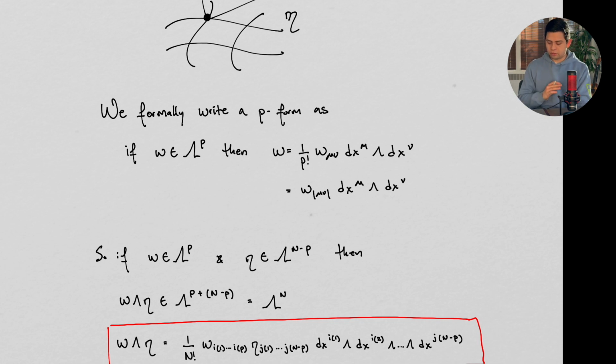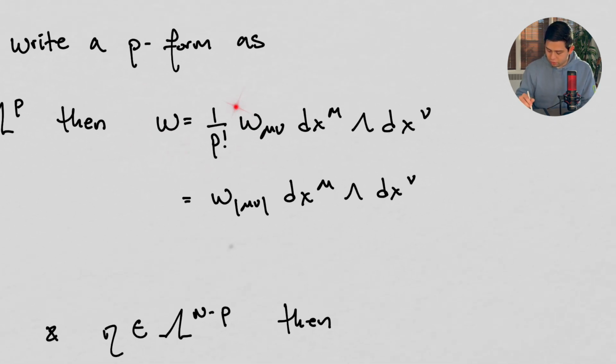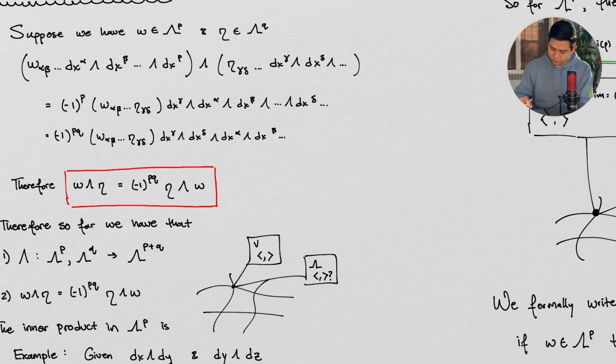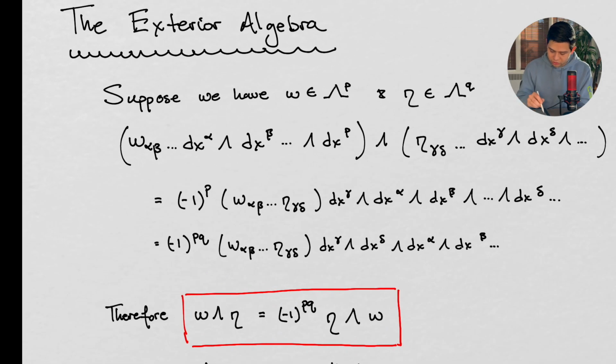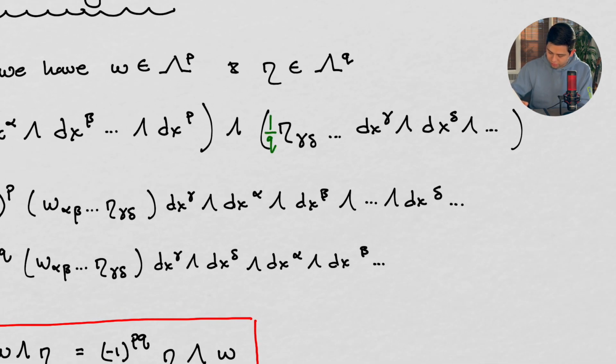We also want to take note, and I sort of glossed over this before, that if omega is within P, then if we write omega in its component form, there's actually a 1 over P factorial involved. So if we go back to here, we actually need a 1 over p factorial, and we actually need a 1 over q factorial in here.